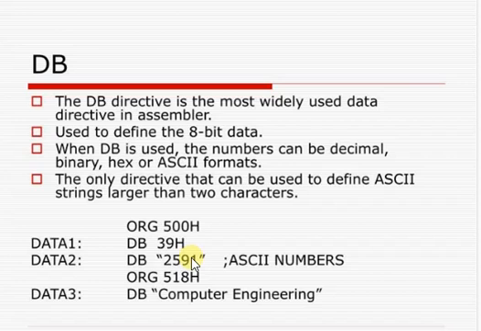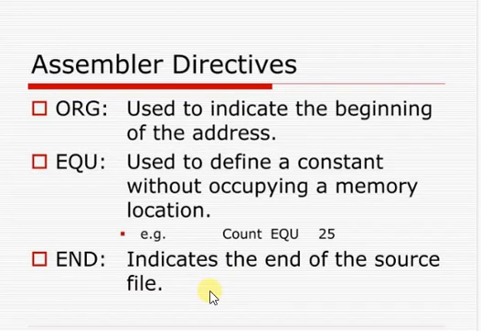When DB is used, the numbers can be decimal, binary, hexadecimal, or ASCII formats. It is the only directive that can be used to define ASCII strings larger than 2 characters. For example, ORG 500H, that is the starting location. DATA1 DB 39H, DATA2 DB 2591, that is ASCII numbers. ORG 518H, another one: DATA3 DB computer engineering, that is the string operation.